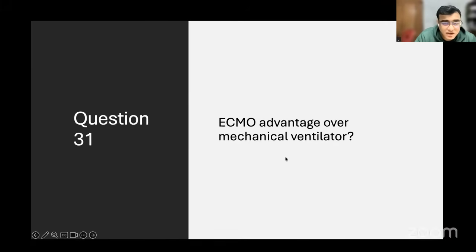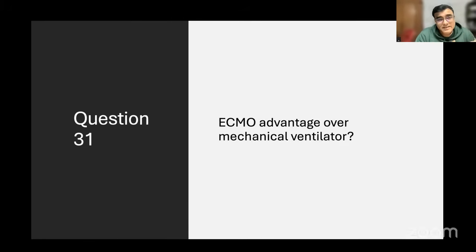Question 31. ECMO advantage over mechanical ventilation. Whenever you have a patient who has ARDS and you are mechanically ventilating them, even with low tidal volume, like 6 to 8 ml per kg, there is a risk of VILI. The compliance is poor, so with repeated inflating and deflating of the lung, there can be some trauma to the lung.